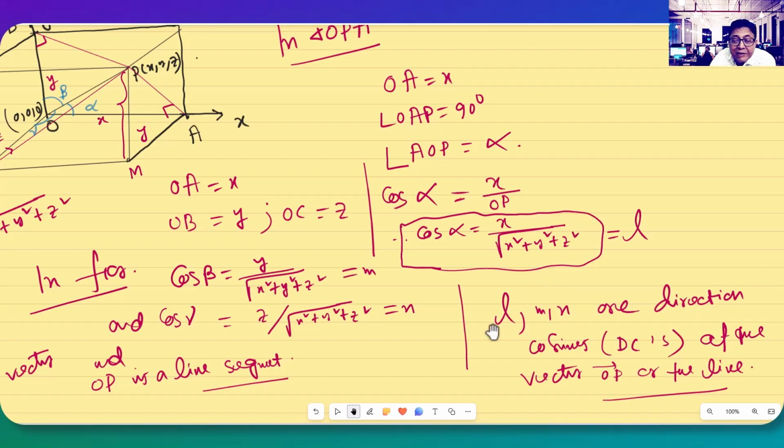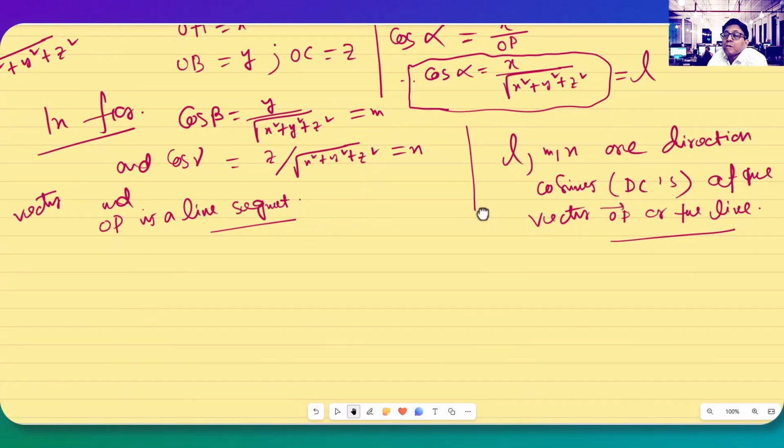OP is the line segment, part of that line. L, M, N are the direction cosines of the vector and the line also.